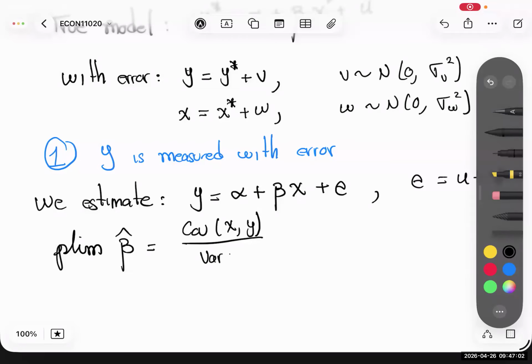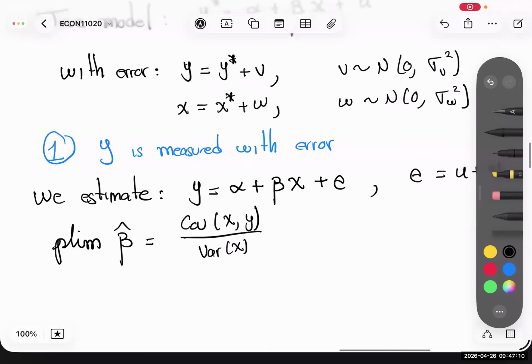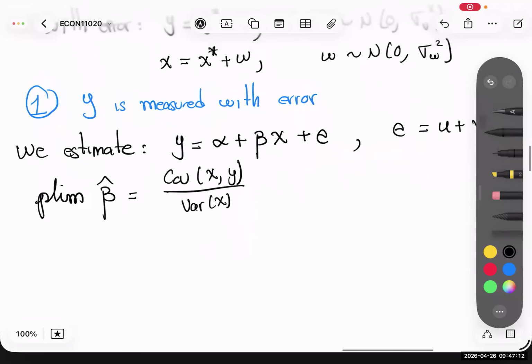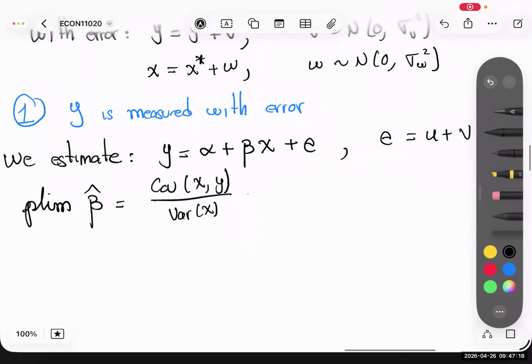This probability limit is still measured in the same way we did before: the ratio of the covariance of x and y and the variance of x. And we are going to follow a similar logic as before, which is to start with the numerator.